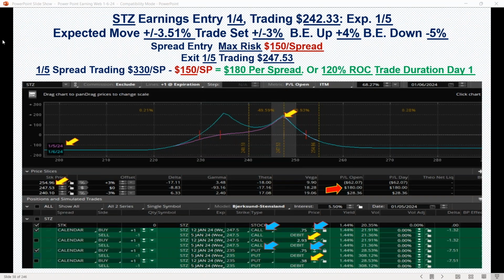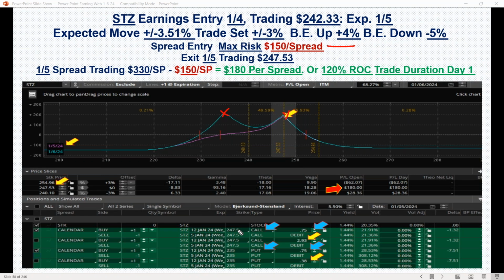So here was the trade setup. And what's so great about this trade is your risk is always a lot less than the other types of trades that you might look to do. On this one, the max risk was $150. This was based on doing the double calendar. So you can see you have a put calendar and a call calendar.